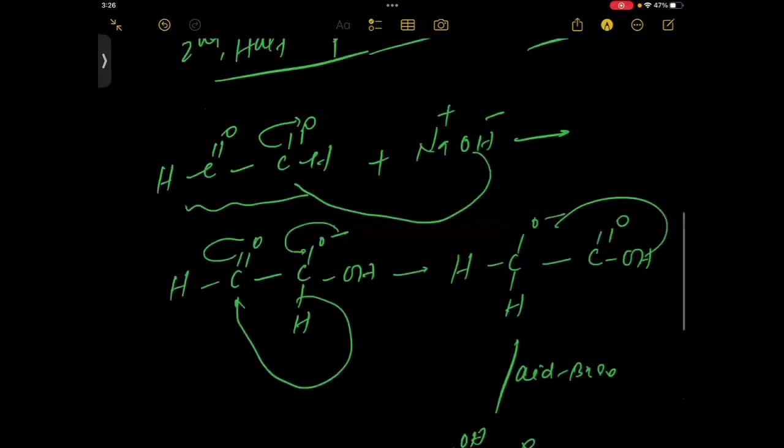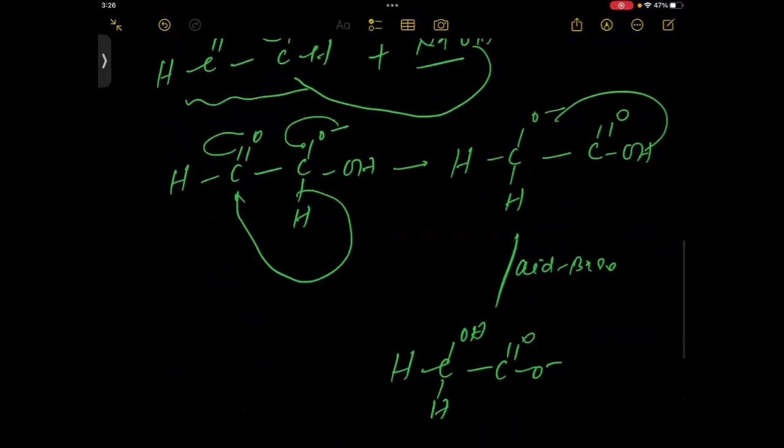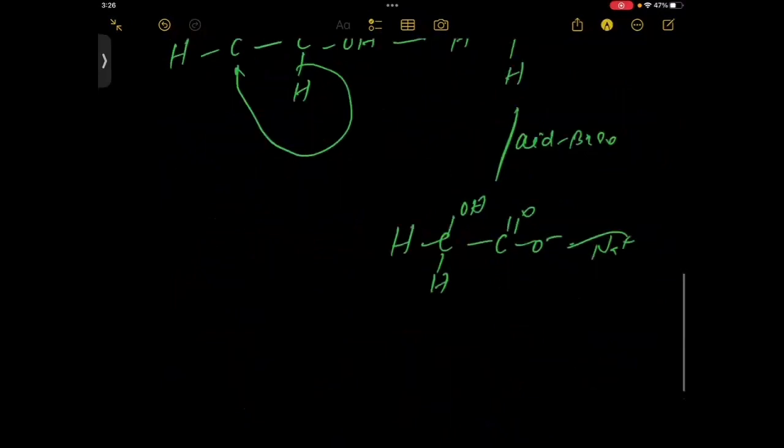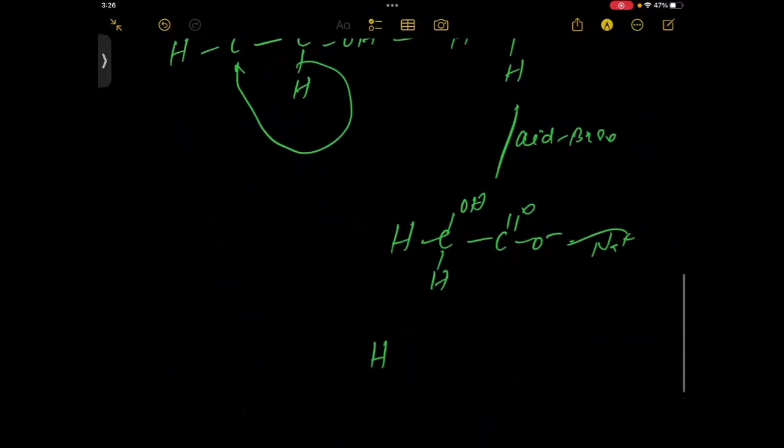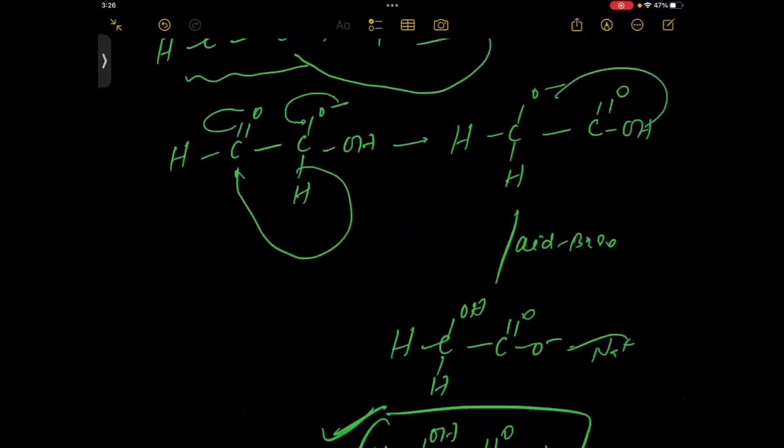Now you have sodium, so when sodium is taken here, HC-OH, HC=O, ONa will form, right? Now in this case, how many reactants and how many nucleophiles are involved? Just think about it.